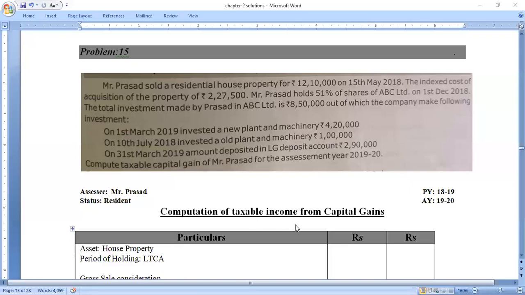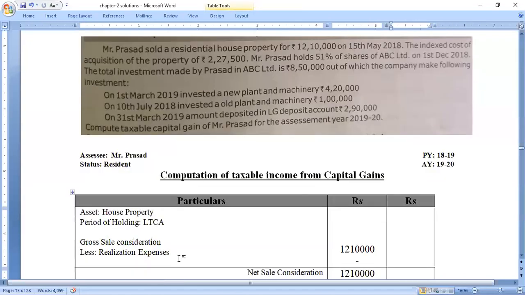Heading: calculation of taxable income from capital gains. Asset: house property. Period of holding is not given. Since they have given the index cost of acquisition, it is assumed that it's a long-term capital asset. First, take the gross sale consideration, which has been given in the problem, that is 12,10,000.